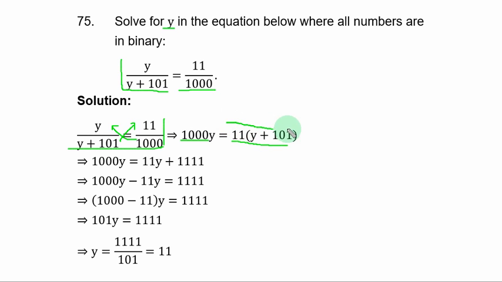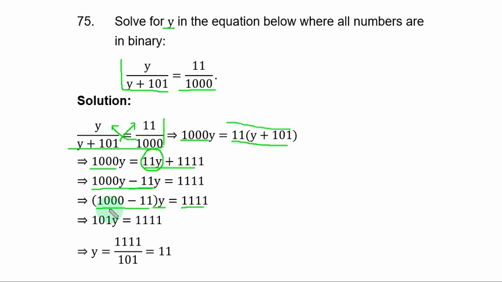So you expand this bracket and you have this. And the other side, you collect like terms. This term here, if you transfer it to the left hand side, it becomes negative. From the left hand side, y is common. You take it out for you to see 1000 minus 11 clearly equal to the right hand side.